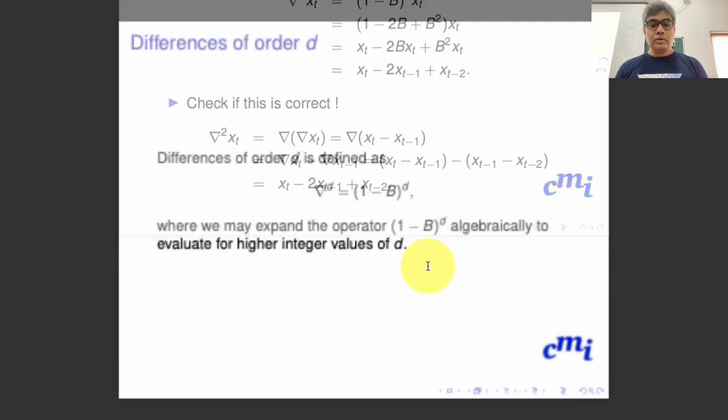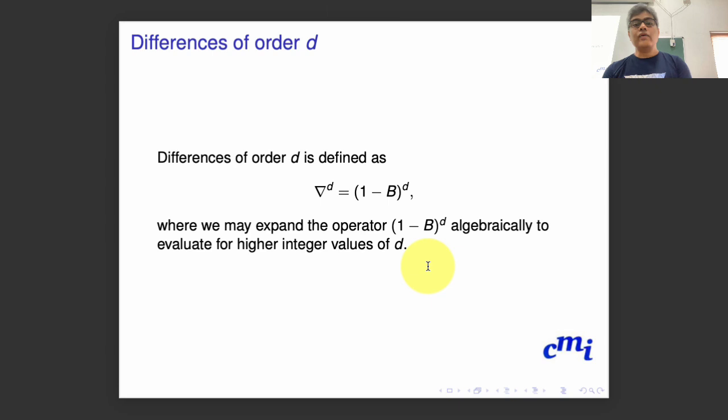Now, if you raise it to the power d, you can just expand it to d terms and apply it to xt, and you will get the whole thing. All the algebra that you learned in your bachelor's first year and second year will go through in this case.